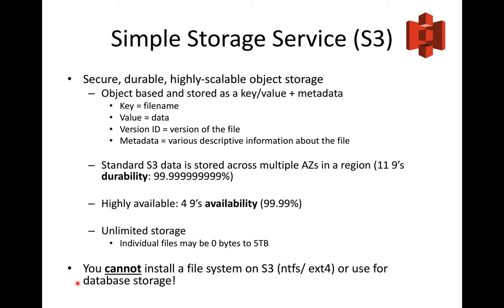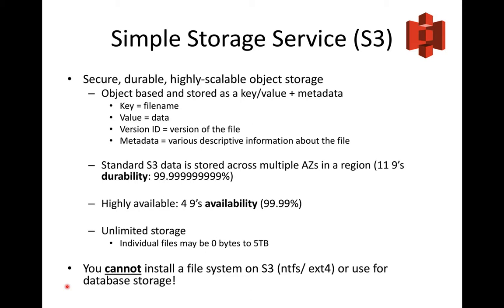And this provides 11 nines of durability. In other words, 99.999999999. I'm not sure if I said enough nines there, but basically 11 nines. So extremely high durability. What does that mean?